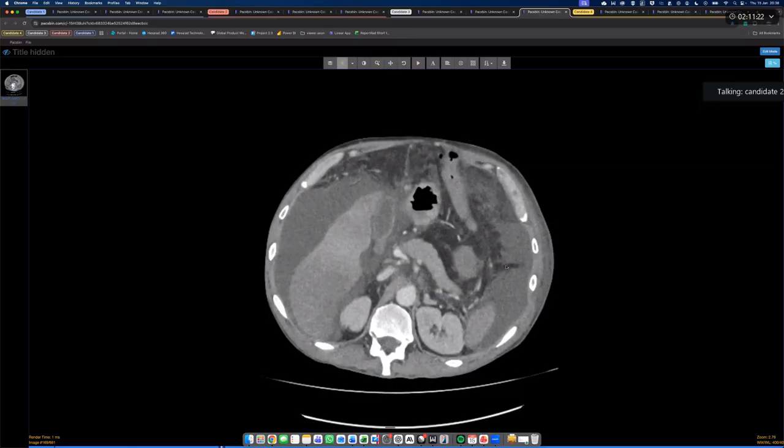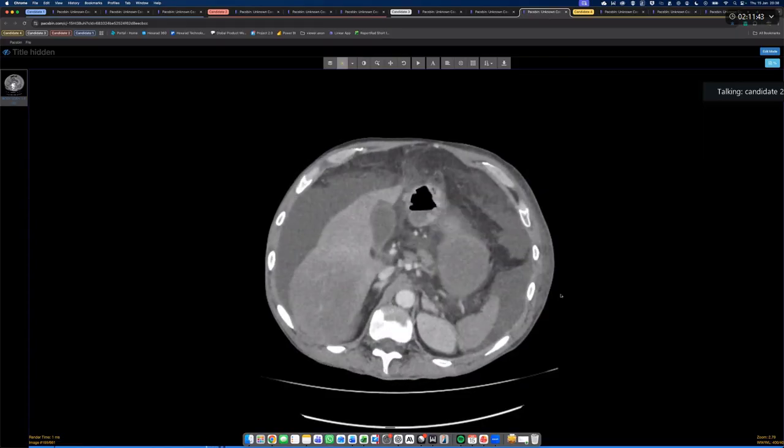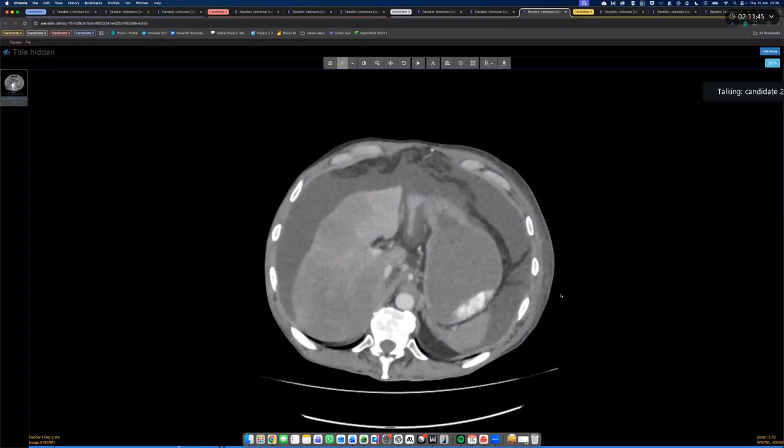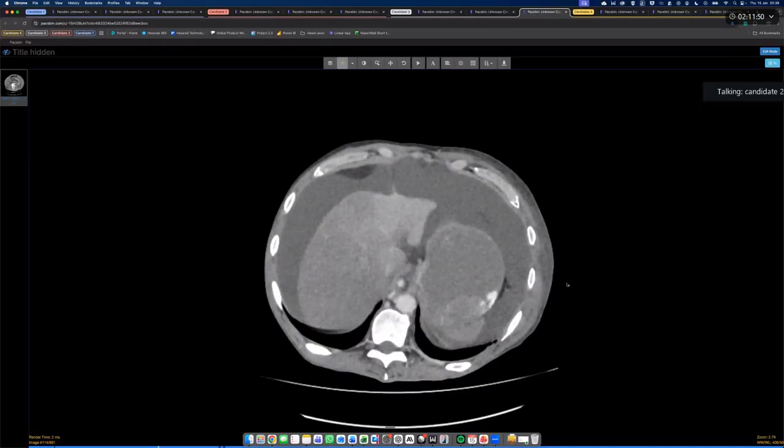In that case, I'll immediately inform the interventional radiology team, and instead of going for a triphasic scan, we can arrange a DSA, angiographic imaging, and embolization can be done there and then to save him, because the active bleeding needs to be controlled in this patient.